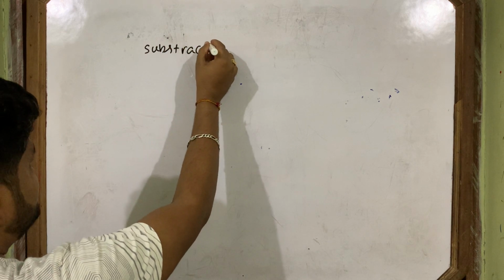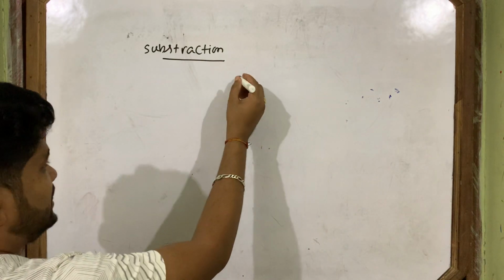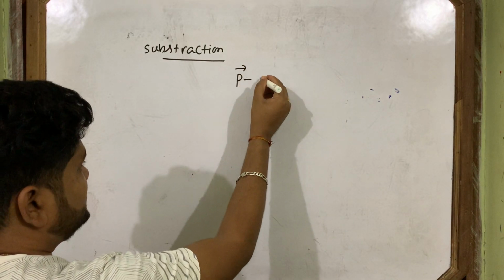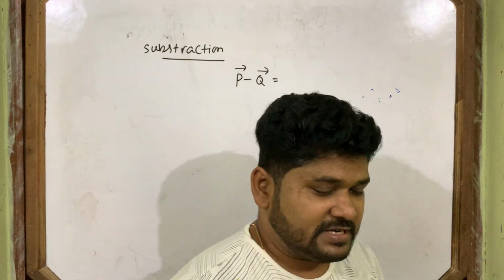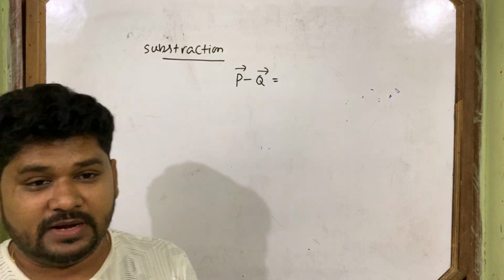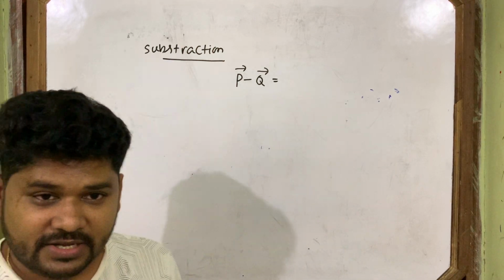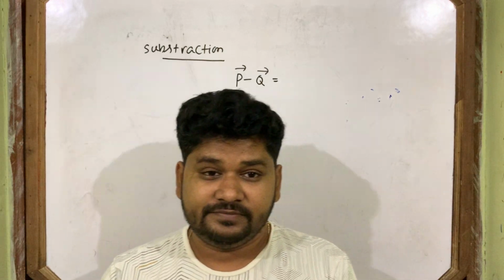What is vector subtraction? Suppose I will now give you two vectors, p vector and q vector, subtract q vector from p vector. Means p vector minus q vector you have to do. Okay. So before that I want to tell you one information.